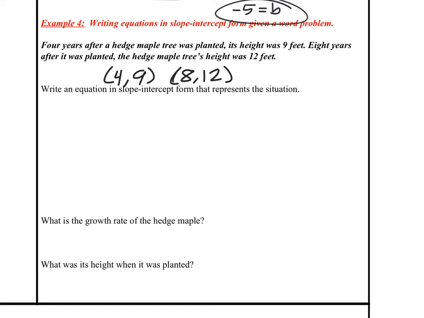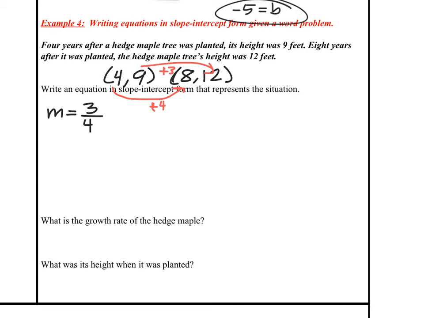The first thing we need to do is find the slope. So my change in y, I left myself a lot of room, is adding 3. The change in x, from 4 to 8 adds 4. So my slope is going to be 3 over 4.